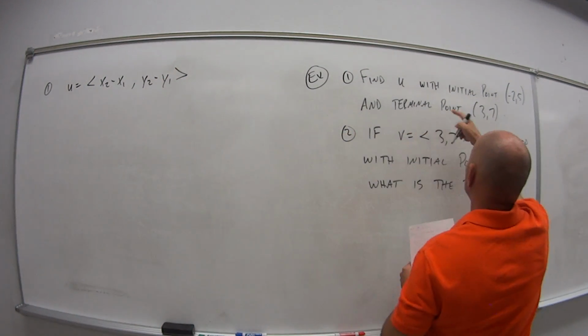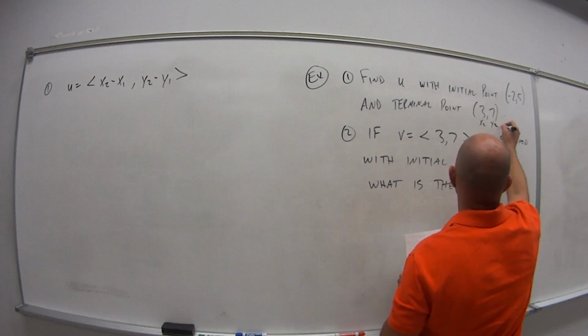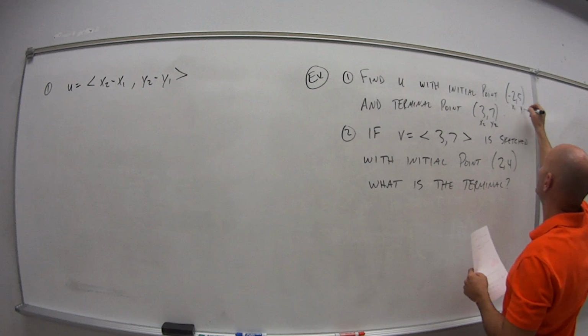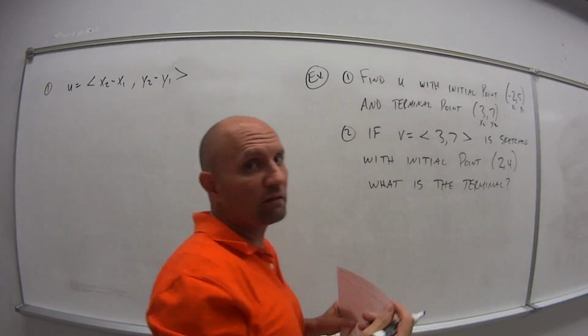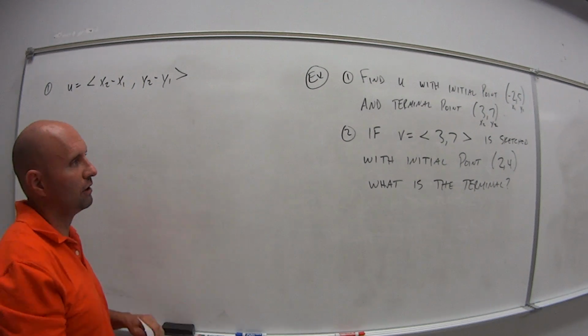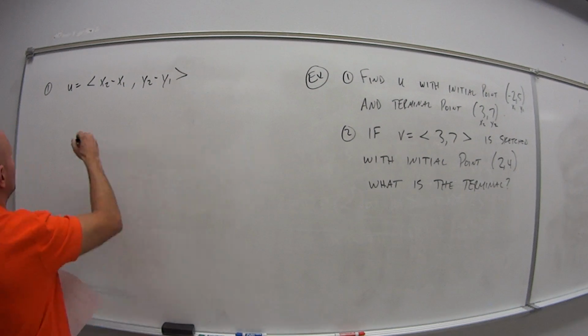My x2 is my terminal point, so that's this guy here. So 7 is my y2. So -2 is my x1, +5 is my y1. We have to get this order right. If we screw up the order, if we screw up the math, we're going to be in trouble. So it's good to label them within the question.